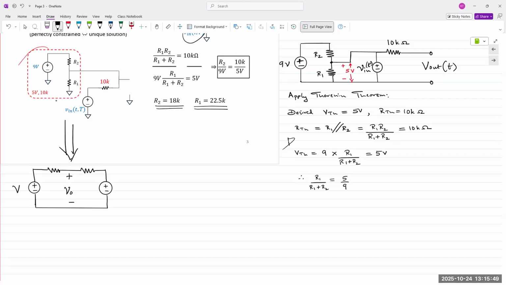This is V1, this is V2, which is V in of t.